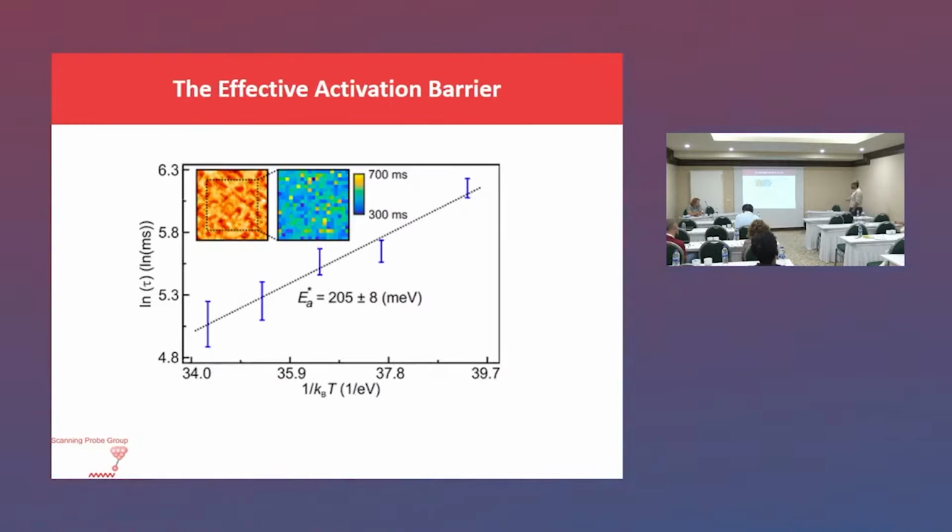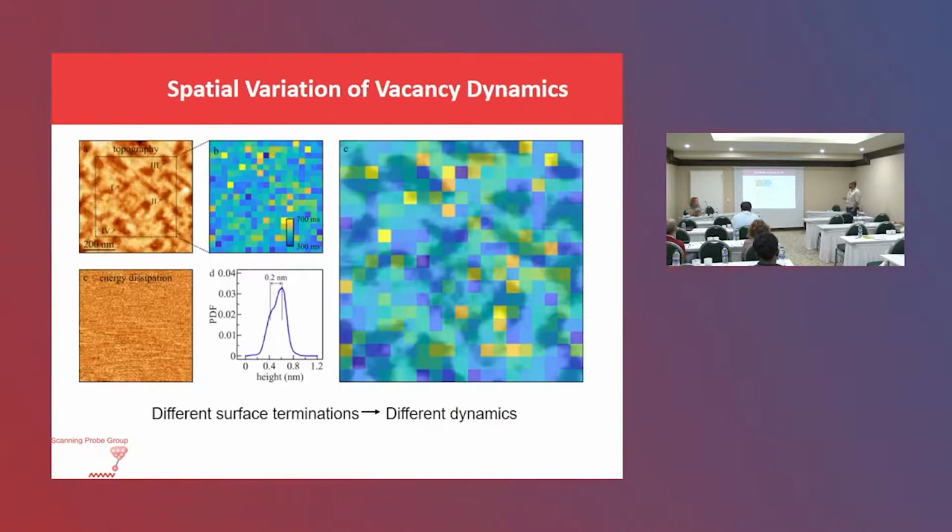And when we did something like that, we were able to actually get the effective activation barrier of strontium titanate. And we conducted this experiment with spatial resolution, and we conducted this measurement as a function of temperature. So when we conducted this measurement as a function of temperature, it was possible to get the effective activation barrier by using this Arrhenius plot.